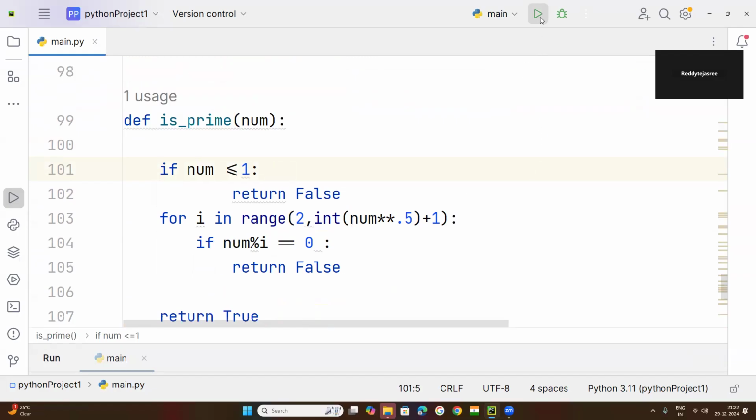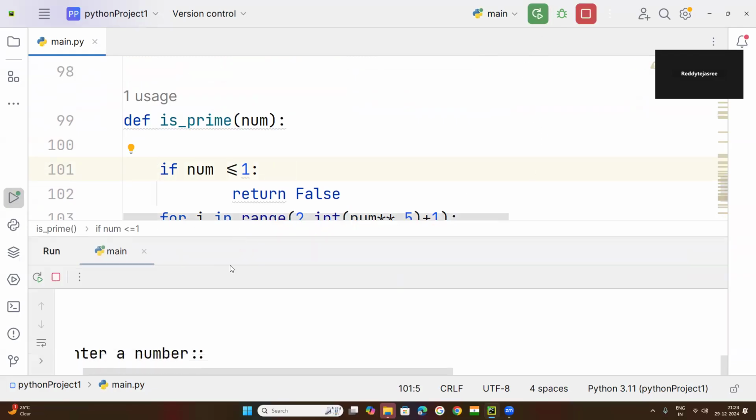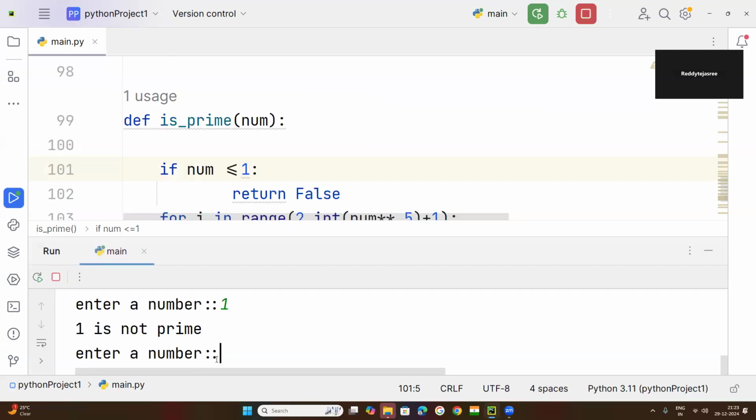Now run this code. Enter a number. Okay, 1 is not prime. 2. 2 is prime number. 3 is prime number. 4. 4 is not prime. 5. 5 is prime number. 6. 6 is not prime. 7. 7 is prime number.